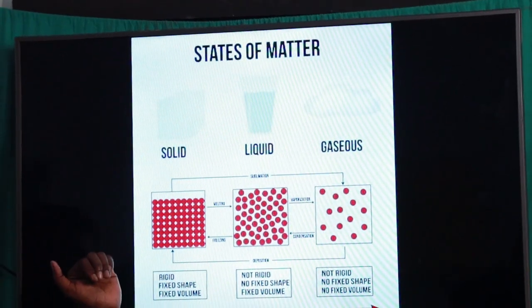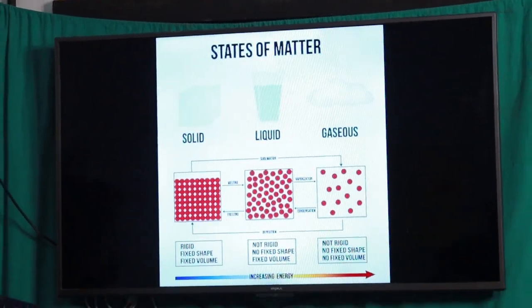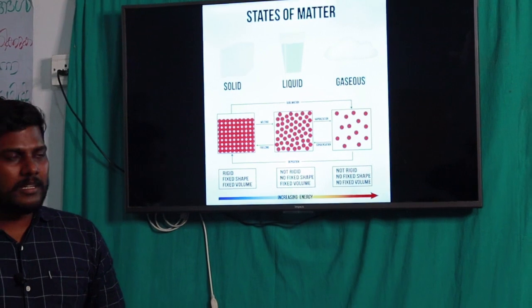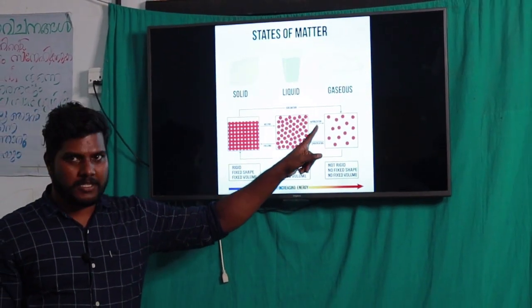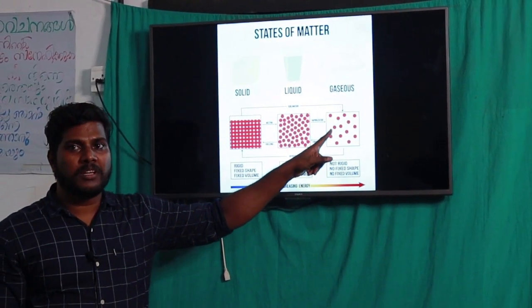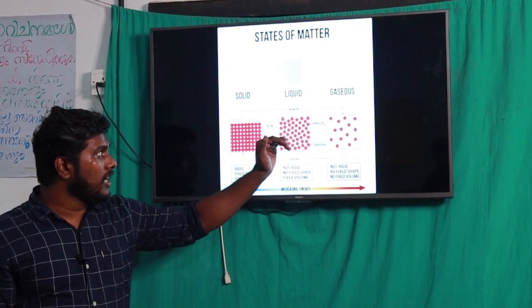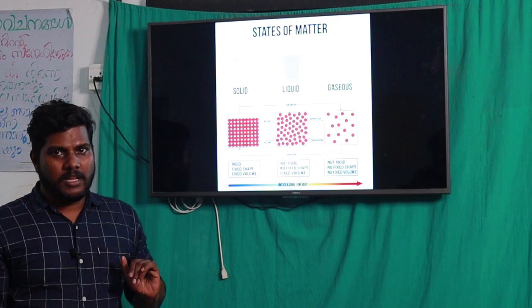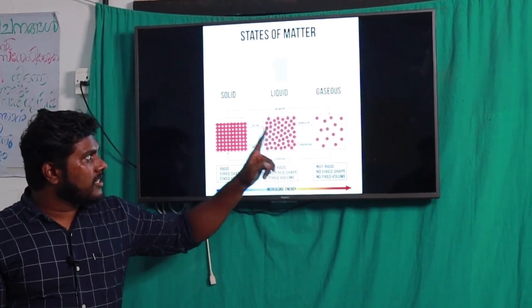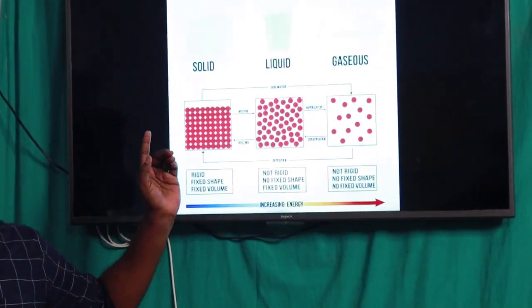In the case of mobility, meaning freedom of movement, it is very high in the gaseous state because the intermolecular space is very high in the gaseous state compared to liquid and solid. Mobility is very high in the gaseous state, and very low in the solid state.